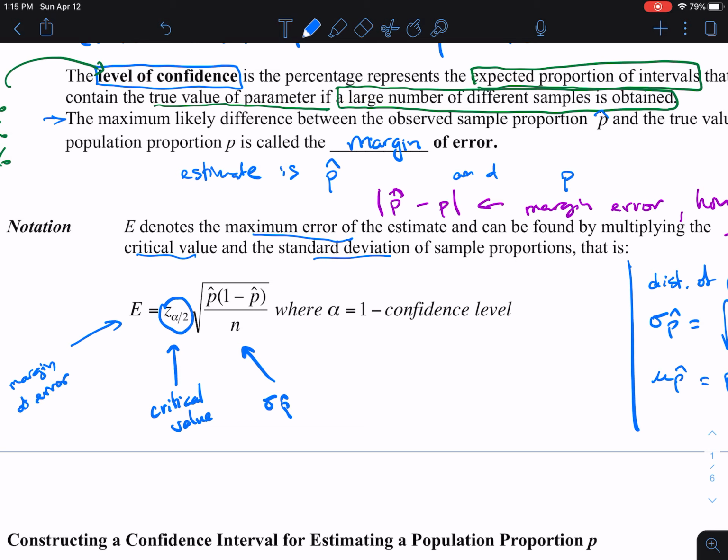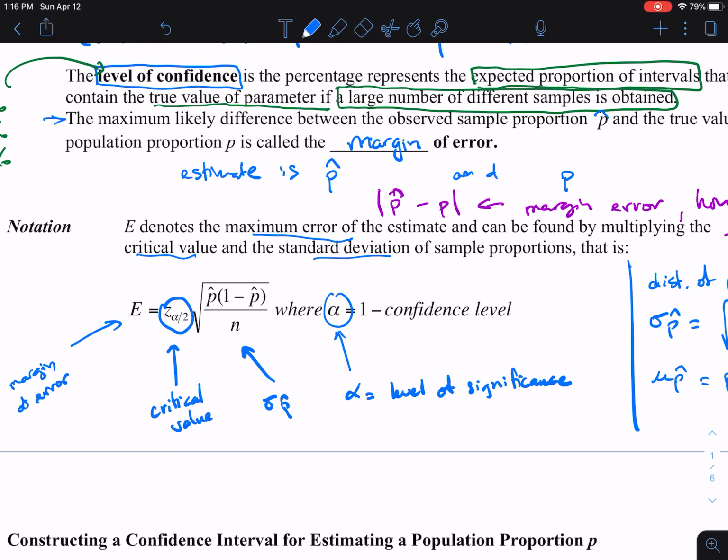And then alpha. We didn't quite discuss alpha much up to this point, but what alpha stands for is the level of significance, meaning the cutoff value, the critical value, is the point that separates data values that are significant versus non-significant.